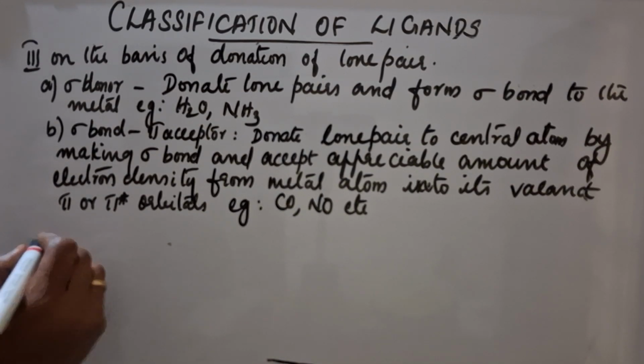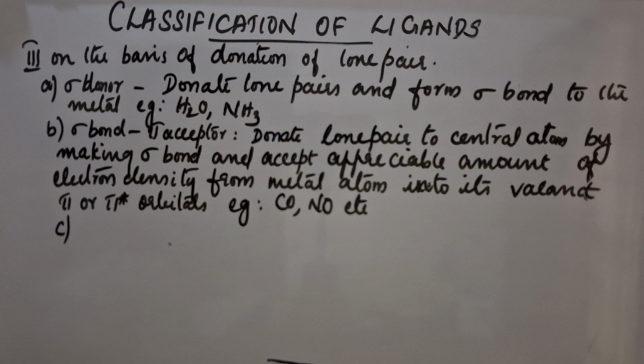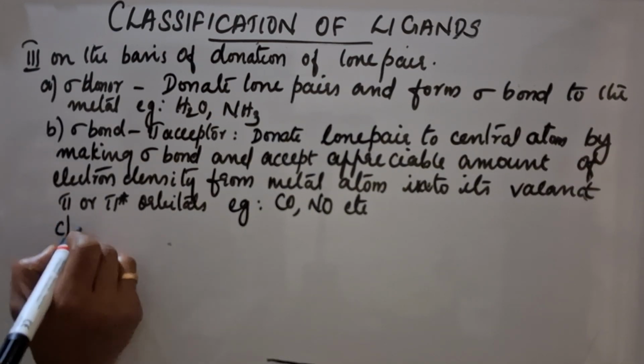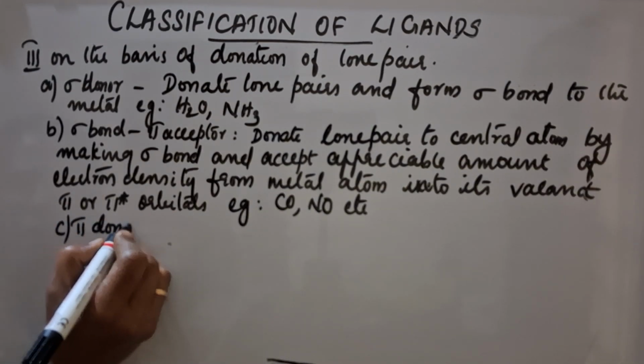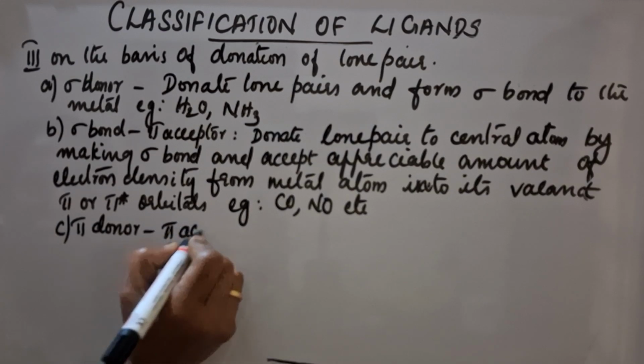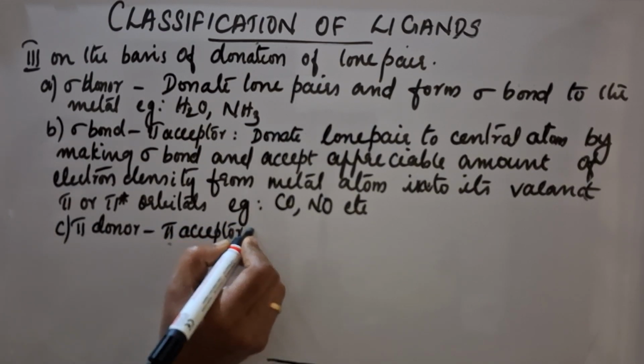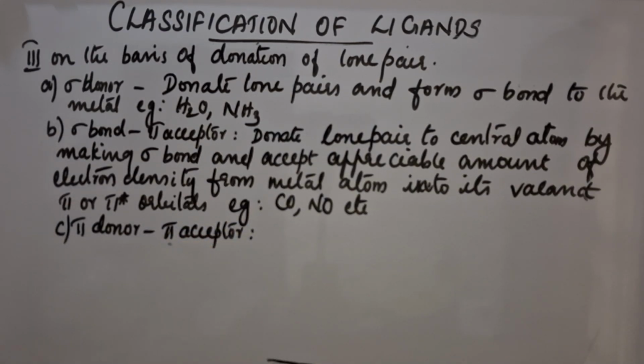Now the next category, pi donor pi acceptor. These ligands contain pi bonds.